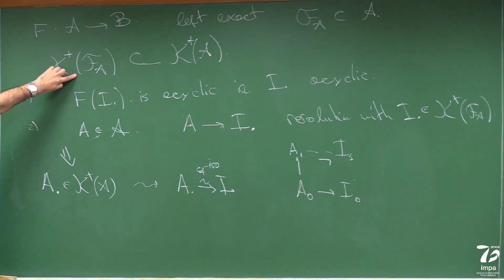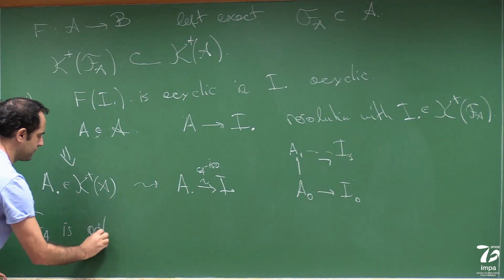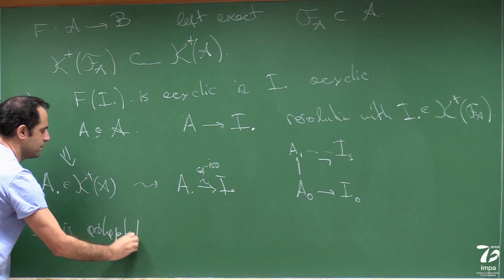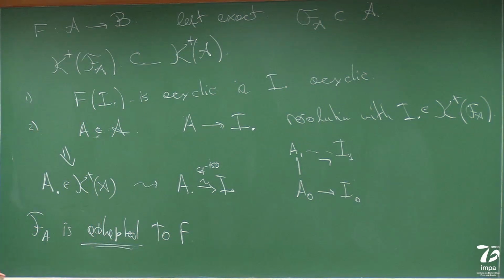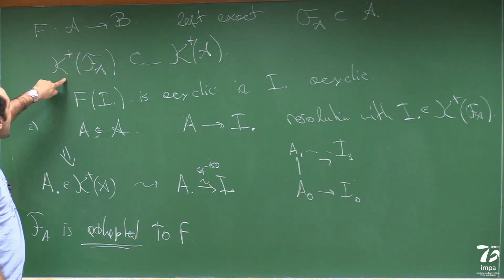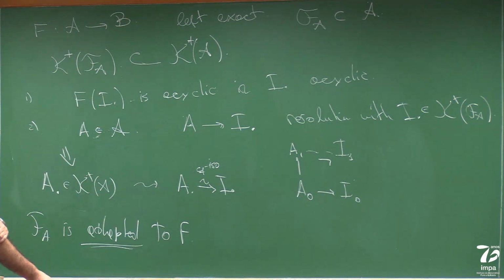So this category here, this class of objects F_A is adapted to F in the sense that this K plus of F_A is adapted in that definition there.